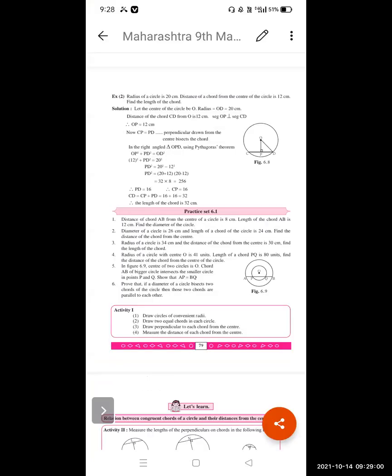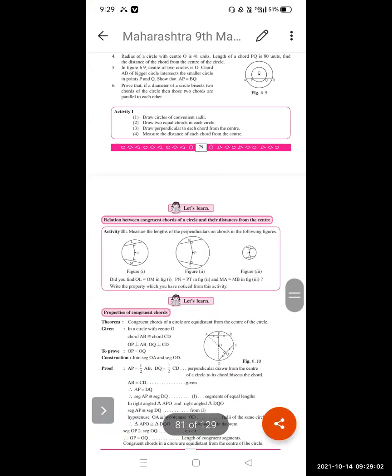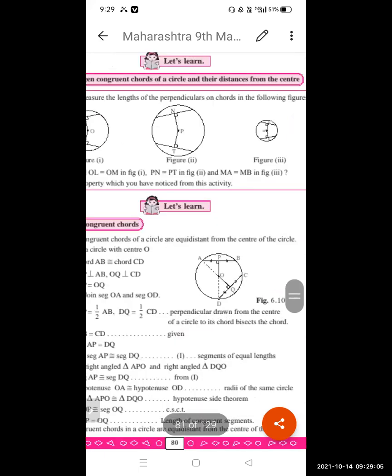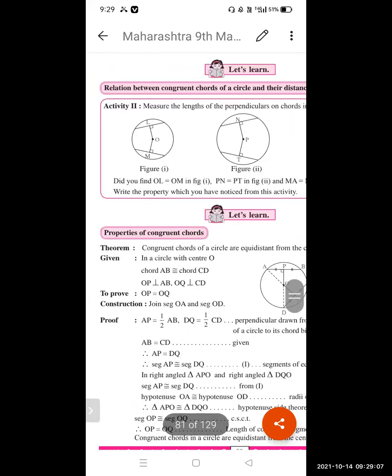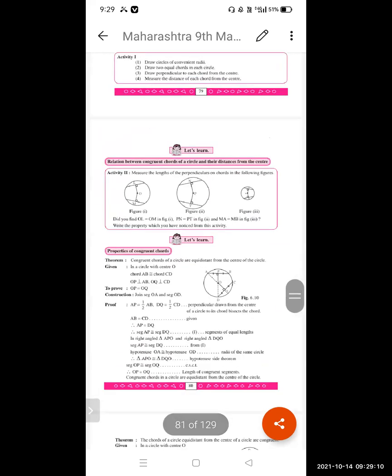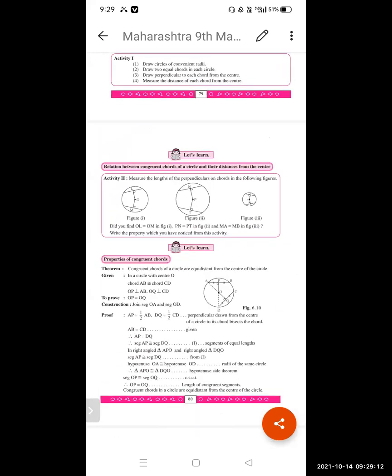On page number 80, let's learn is given here: relation between congruent chords of a circle and their distance from the center. In the figures 1, 2 and 3, in the first figure, O is the center of the circle and 2 chords are given. OL is perpendicular to one chord and OM is also perpendicular. We have to check whether OL is equal to OM or not.